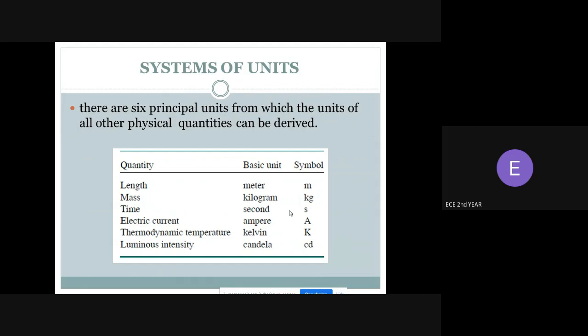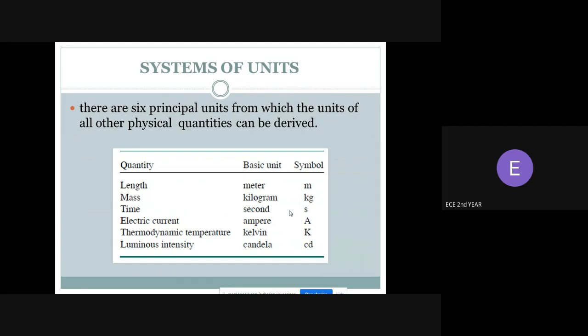Time, the basic unit is the second, denoted s. Electric current, the basic unit is the ampere, symbol capital A. Thermodynamic temperature, the basic unit is the kelvin, symbol capital K. Luminous intensity, the basic unit is the candela, denoted by the symbol cd. These are all the basic units derived from SI units.